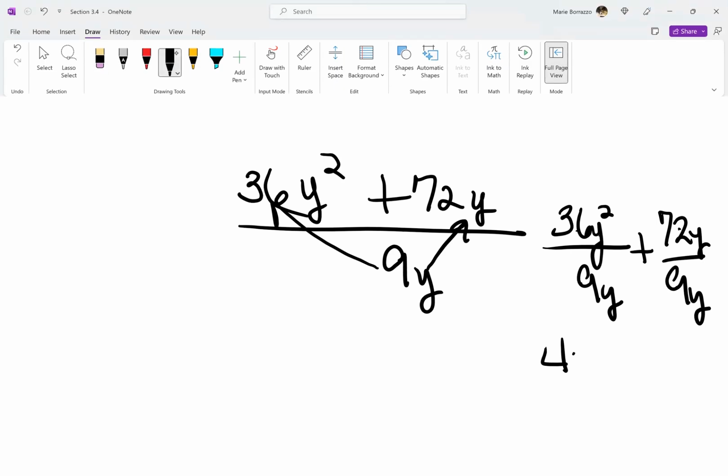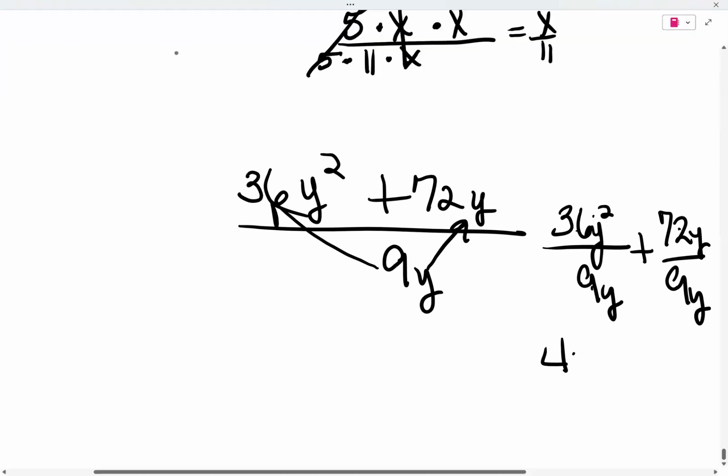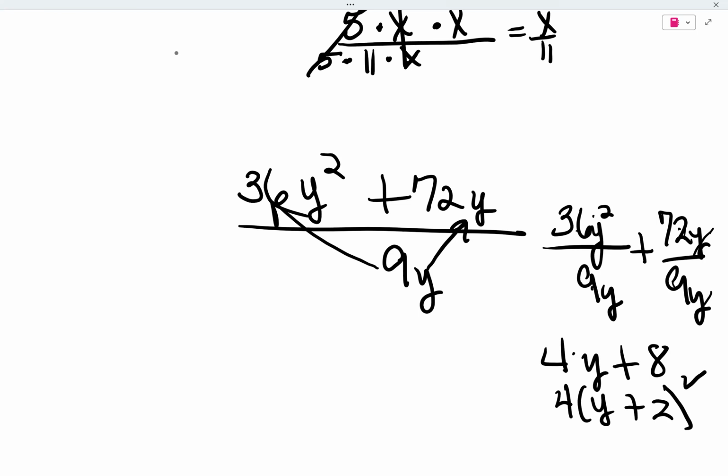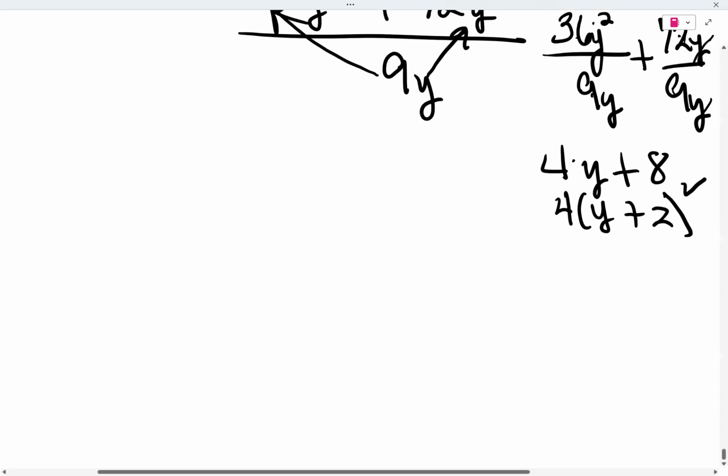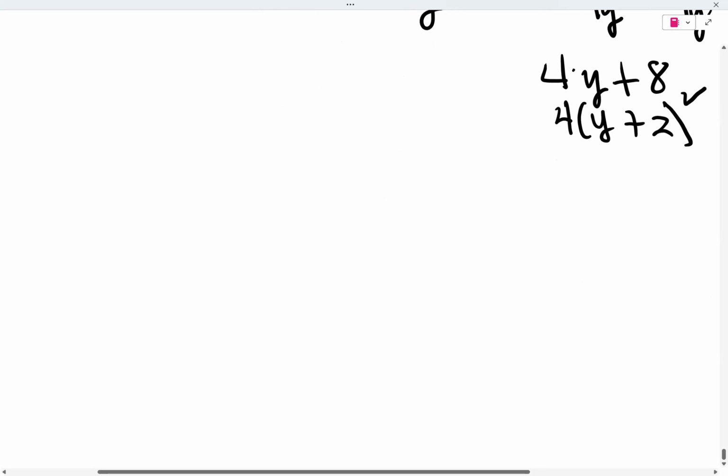So this becomes again the 4y, and this becomes plus 8, because technically 9 goes into 72 and the y's will just cancel. If you factor out the 4, now you have y plus 2 as your final answer, and that's factored all the way down. Was that all right for you? You feel confident with that?